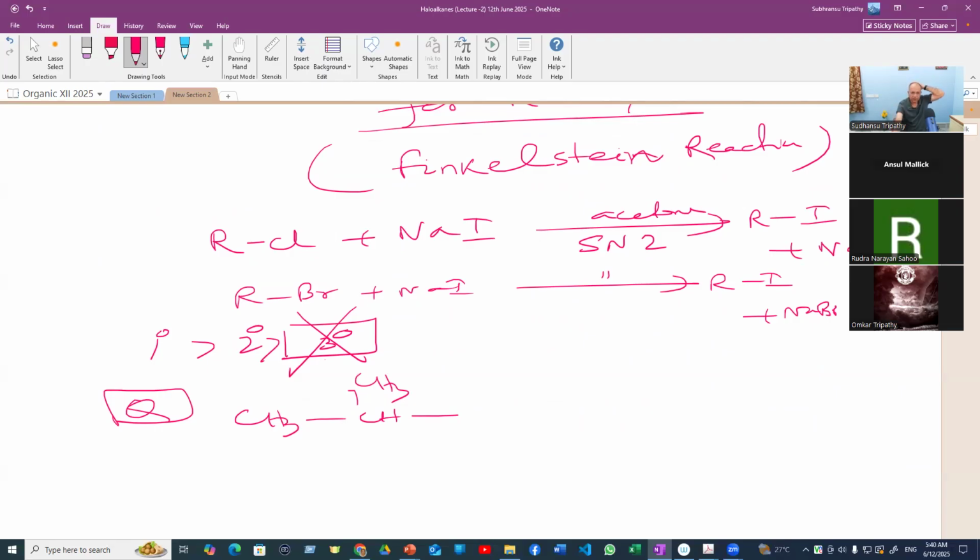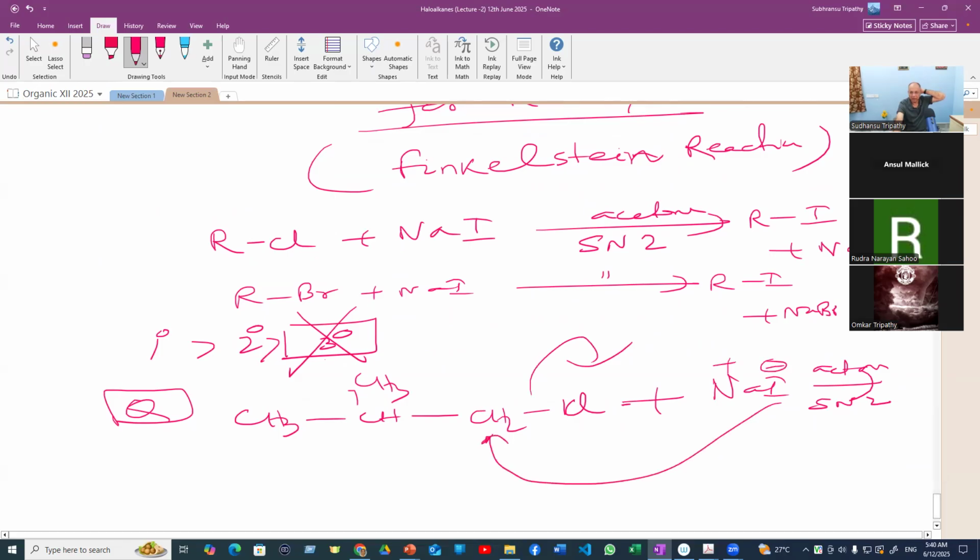So supposing we have this chloride, we just treat it with NaI in acetone. This is 1 degree, remember. In acetone, an SN2 process will occur, so I minus will go and attack.